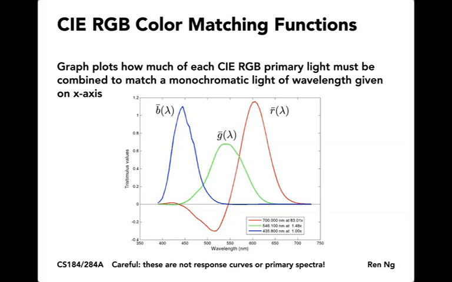For every monochromatic light source, they form a complete description. Let me make sure I get the description exactly right. It fully characterizes any possible spectral power distribution of light with respect to what the matching values would be for these specific primary lights.